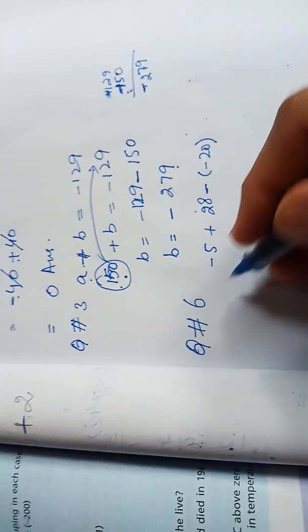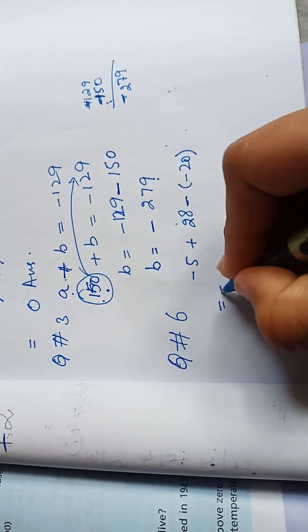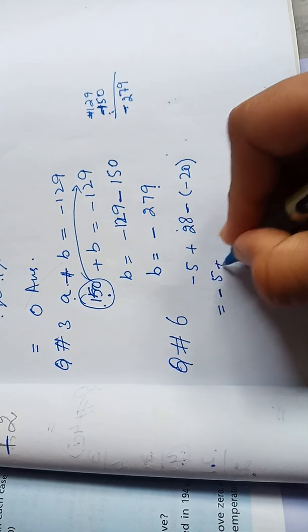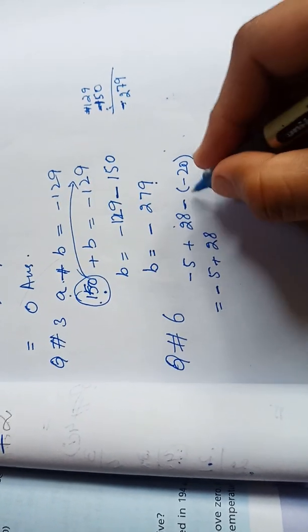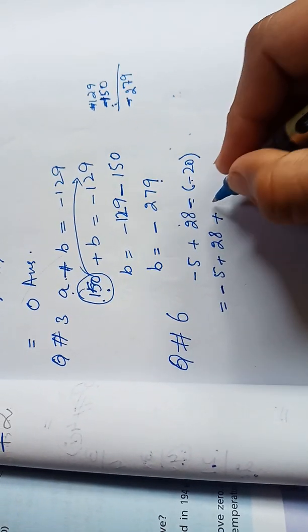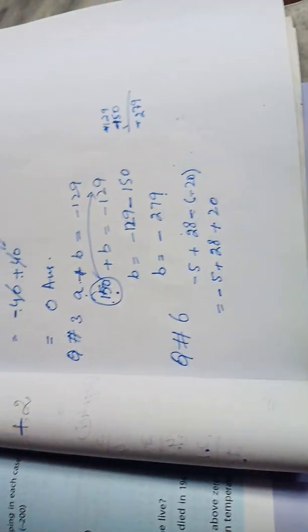In this way you will write the statement: minus 5 plus 28 minus minus 20, minus minus plus, it is plus 20.